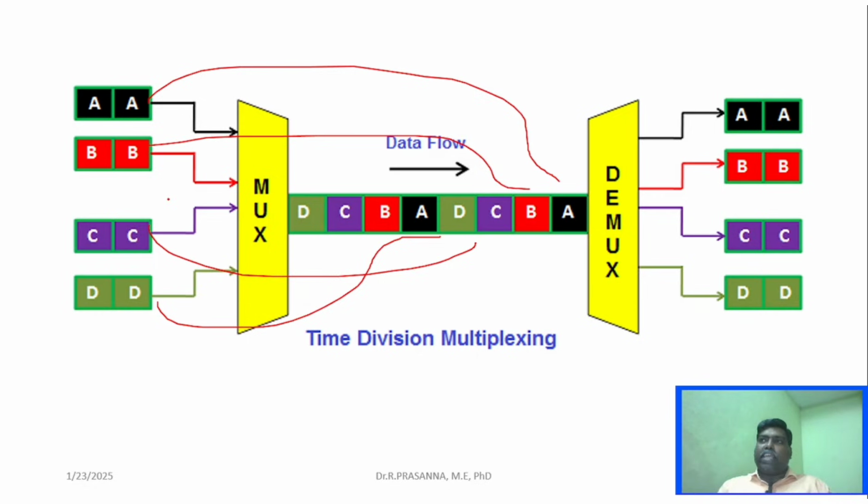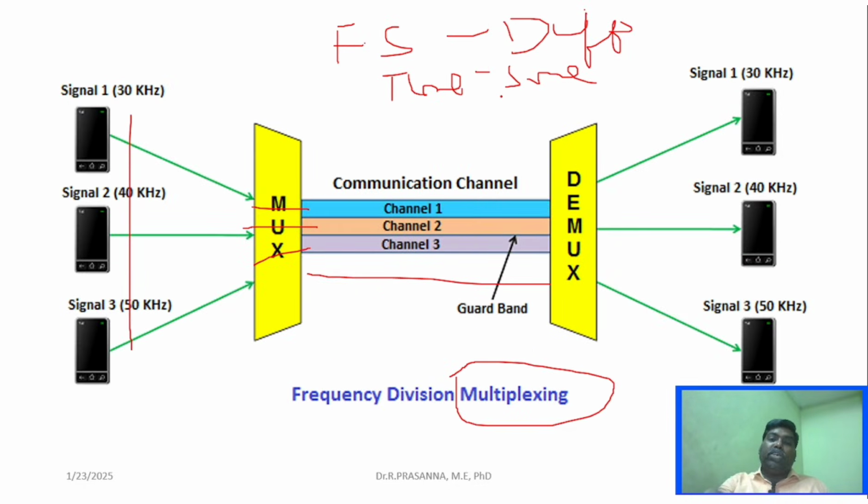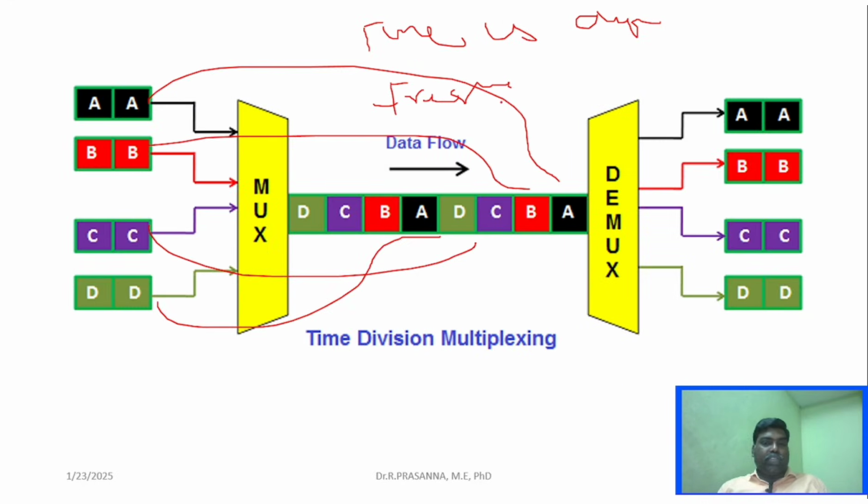Everything is multiplexed and transmitted, but they can transmit only at that particular time, right? And here I can say the time is different, but frequency is the same. All the users will be using the same frequency but different time slots. Whereas in frequency division, all the users will use different frequencies but at the same time. That is the very important difference you have to understand between frequency division and time division multiplexing, right?